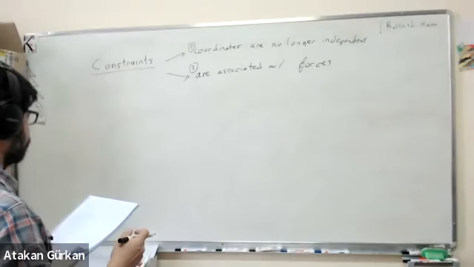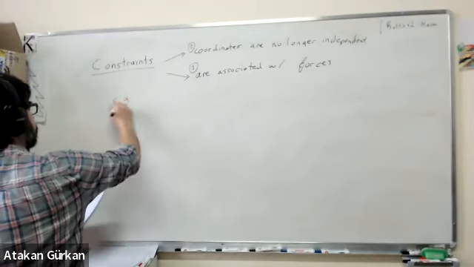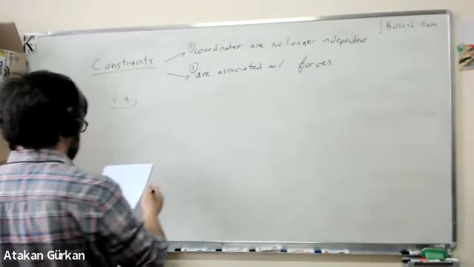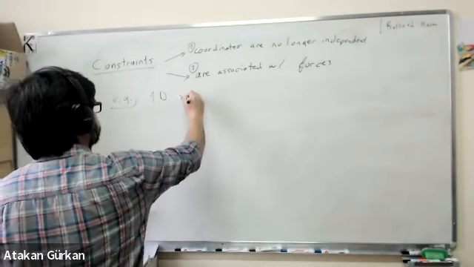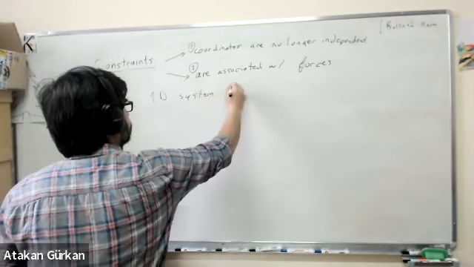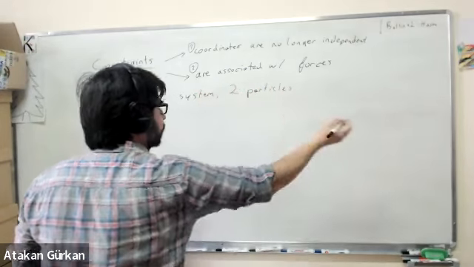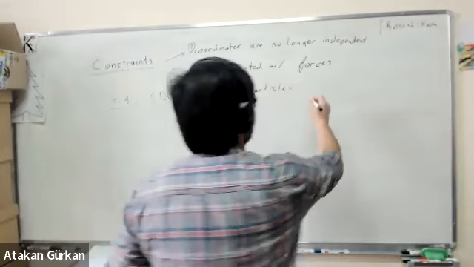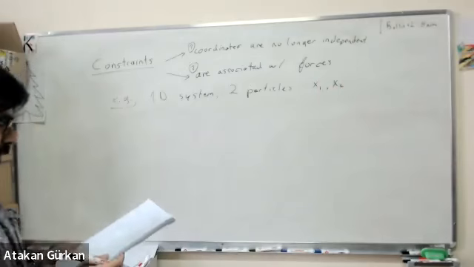I will, however, use this. The fixed distance. Now I'm going to have a one-dimensional system with two particles. Because this is two particles, one-dimensional, we just have x1 and x2 as our original coordinates.